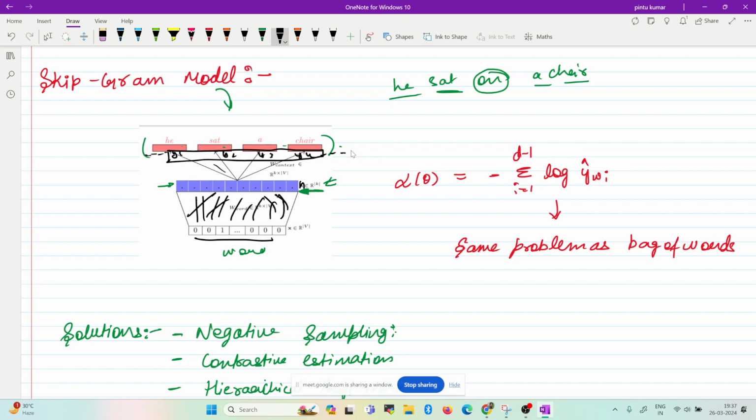How many y's will you get? You will get as many y's as the number of words in your vocabulary. Now if you want to find the probability of he given your word, or the probability of sat given your word, you want to maximize these values which would occur, and for other values you are not interested.